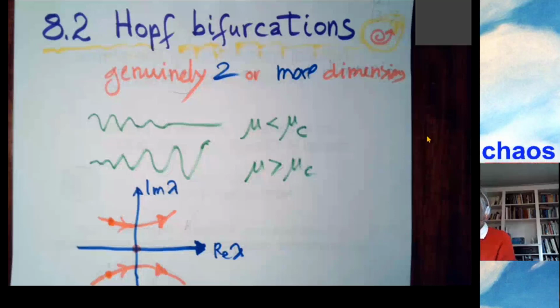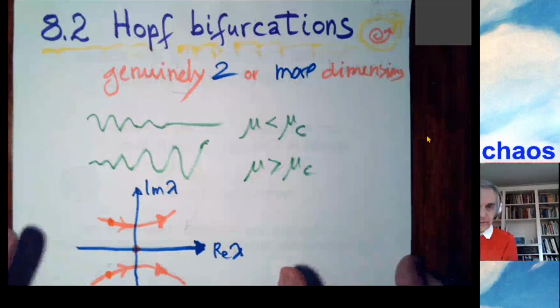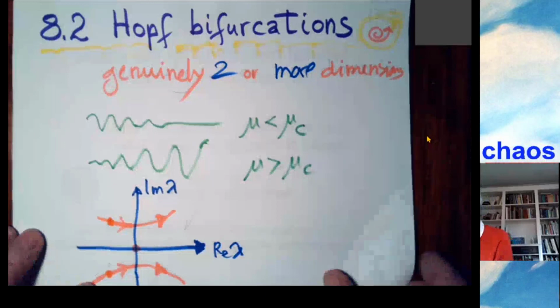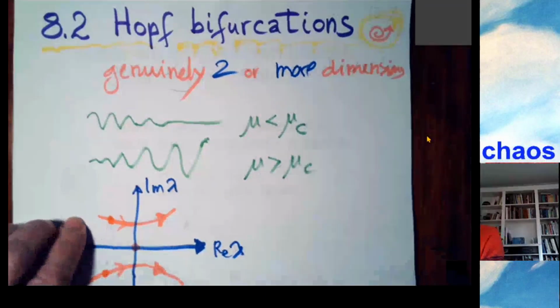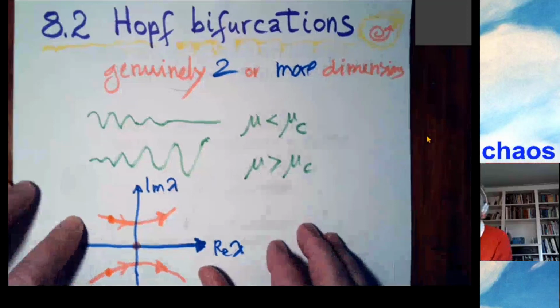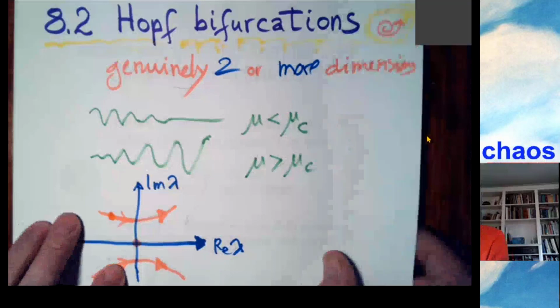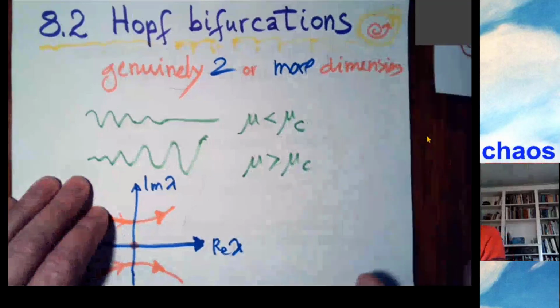But because the system is confined, it has to end up on an attractive limit cycle, at least close to the bifurcation. That's called Hopf bifurcation, and it's seen in fluids, and seen in neurons, and seen in lots of dissipative systems. So that's a very useful bifurcation. It's almost competitive with saddle node. Saddle node is what you see most often, but Hopf happens next.